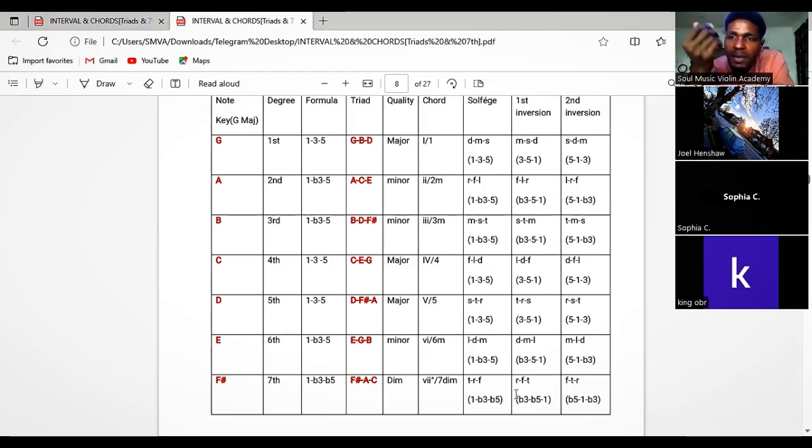The reason why we invert sometimes is because you might not be able to play it in root position. Sometimes on the violin, for example, if you are playing in a key, you might not be able to start from the lower mi. Let's say C sharp. You want to start from the G string in the key of C sharp.